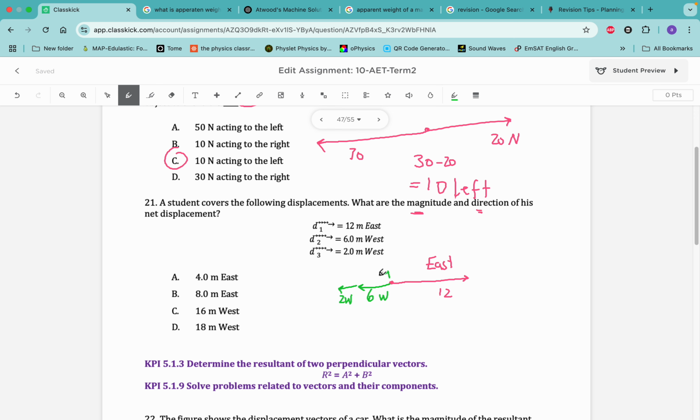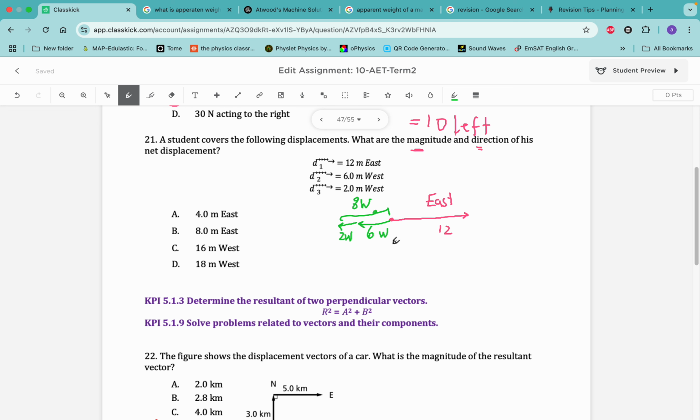So the total of west will be 8. Now we need to find the resultant. Similarly, we have 12 and 8 in two opposite directions, so we subtract 12 minus 8, it gives 4. Which one is longer? Obviously east, so it will be 4 east, so option A.